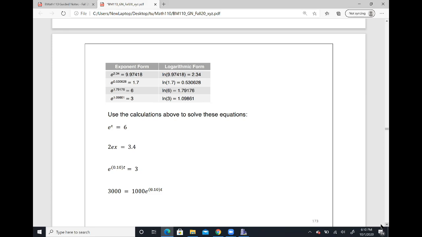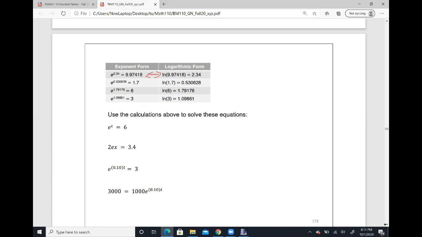You can change from the exponential form to the log form, and conversely, you can convert from the log form to the exponent form.